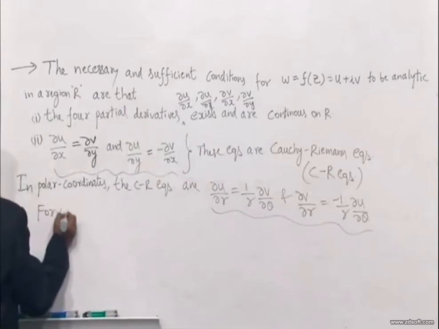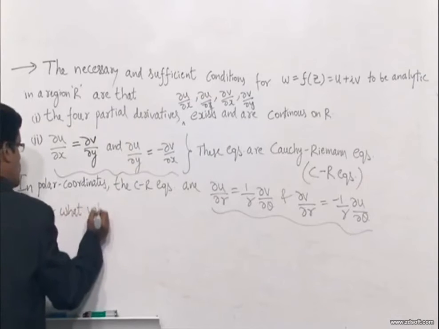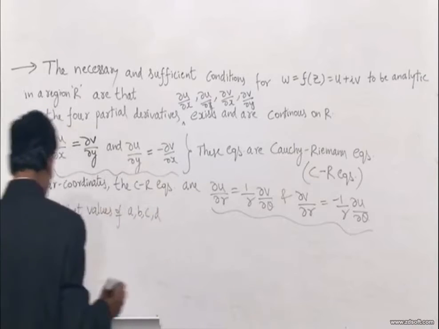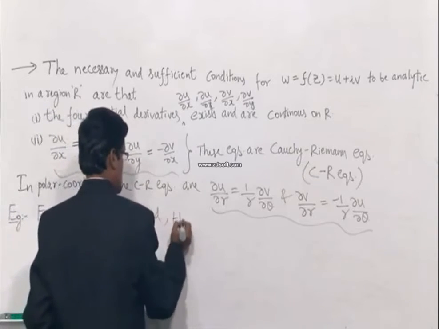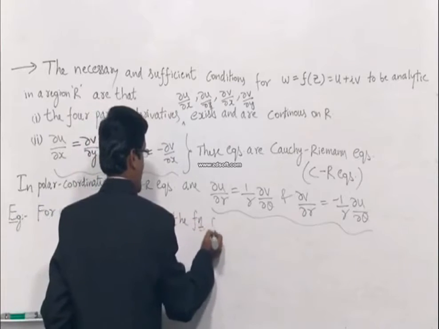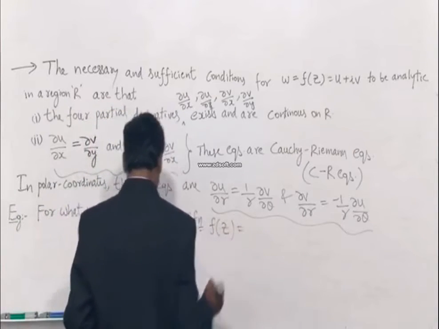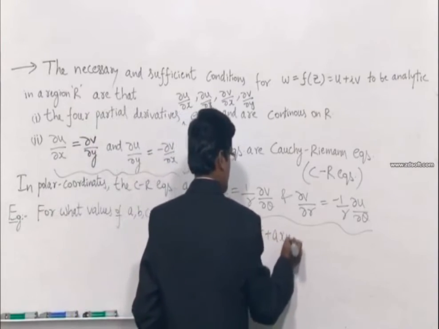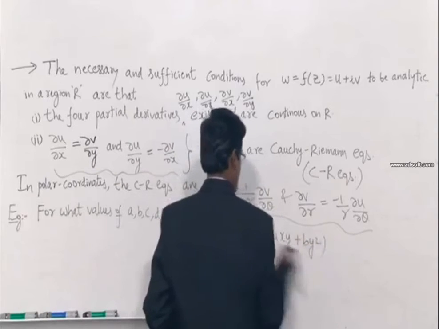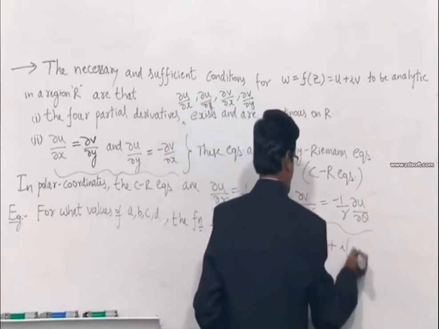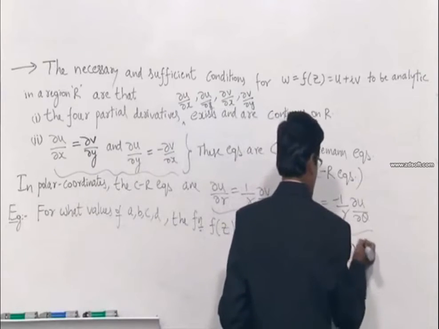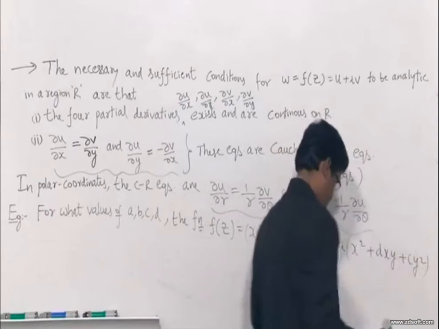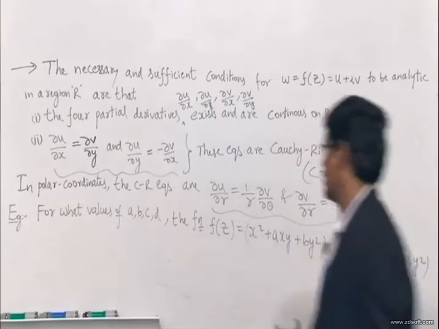For what values of a, b, c, d, four things you are going to find, is the function f of z is equal to x square plus axy plus by square plus I times x square plus dxy plus cy square analytic?